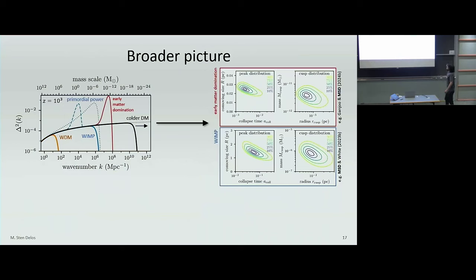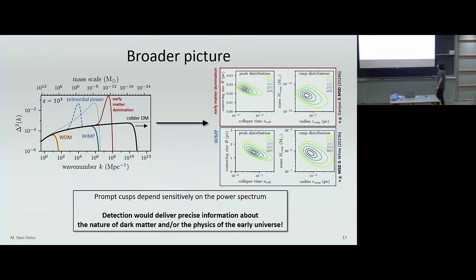Okay, but I want to emphasize again that prompt cusps arise much more broadly, and you can predict them straightforwardly. Another point is that prompt cusp properties depend sensitively on the matter power spectrum. So you can look at how narrow the cusp distributions are.